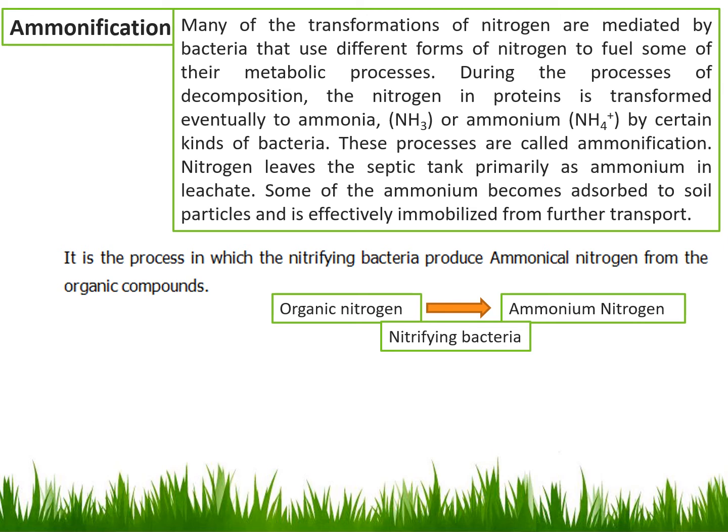During the processes of decomposition, the nitrogen in protein is eventually transformed to ammonium by certain bacteria. This process is called ammonification. So organic nitrogen being converted to ammonium nitrogen is called ammonification.